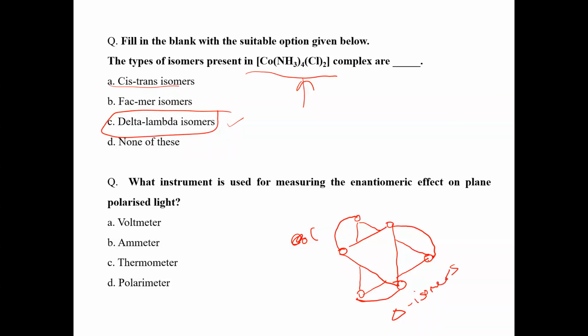Basically, these three oxygens in this triangle belong to one chelate, the ligand having three oxygens.